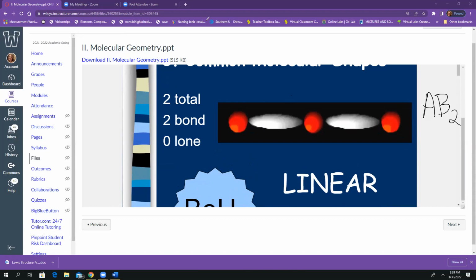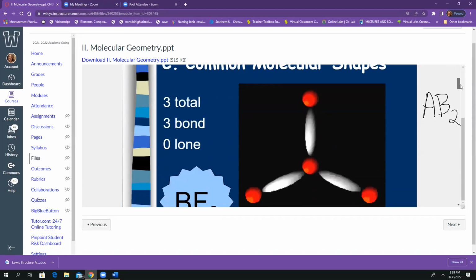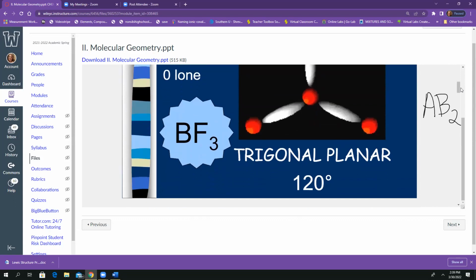So that's your linear, that's your AB2, okay? Now let's keep going. The next one's going to be AB3, right? So that one right there is an A, 1, 2.